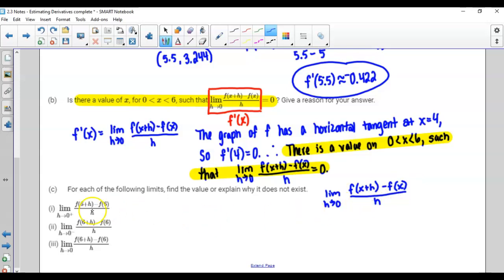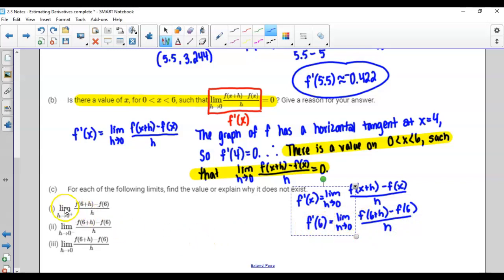Well, if you look at this, it looks very similar to the equation that we have here, except instead of x, we have a 6. And so we can think this is f prime of x. Well, if we want to know f prime of 6, then that would be the limit as h approaches 0 of f of 6 plus h minus f of 6 all over h. So this is the derivative at 6.